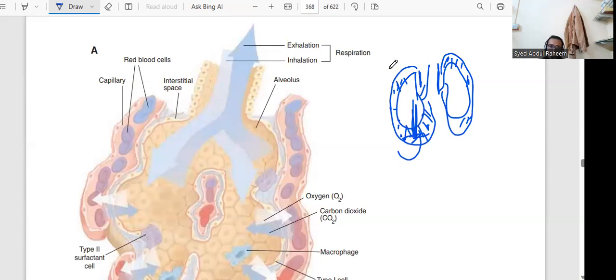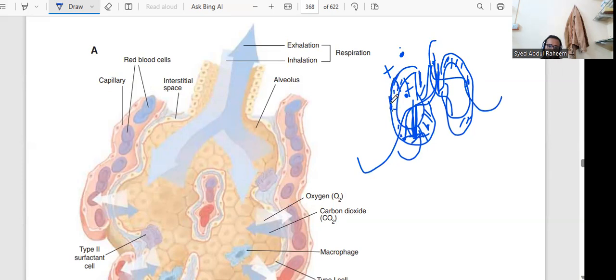If the pressure inside the lungs and outside the lungs are the same, what will happen? The expanding of the lungs is stopped. Then exhalation of air will happen. Understand?